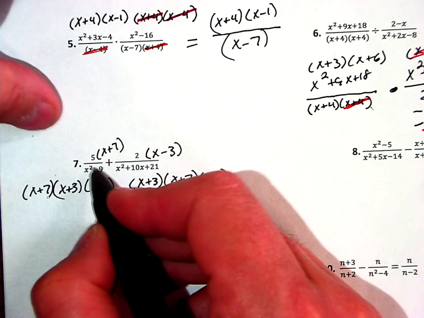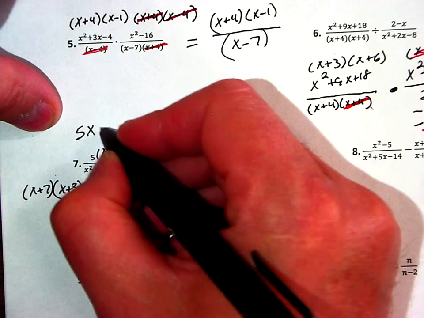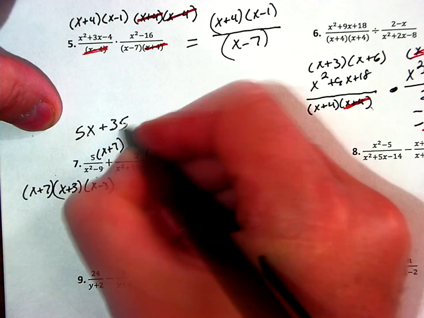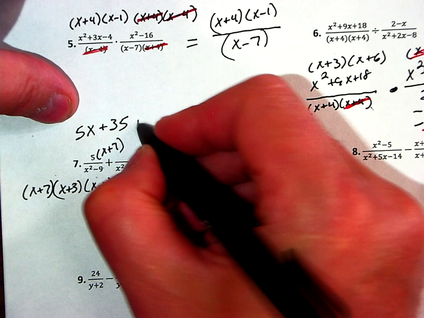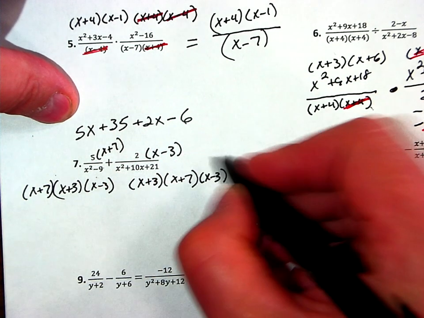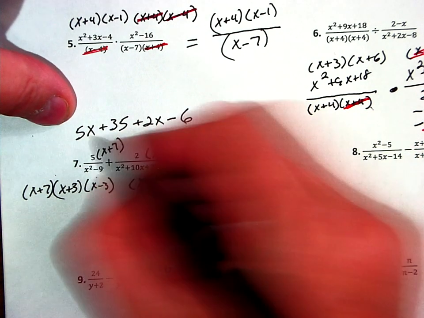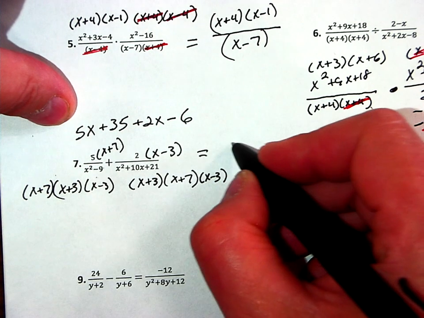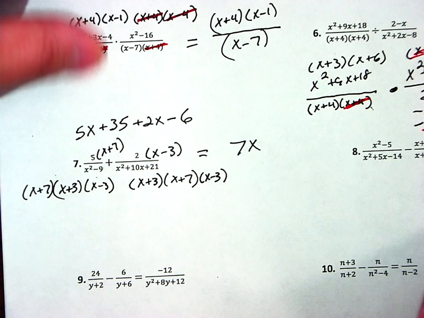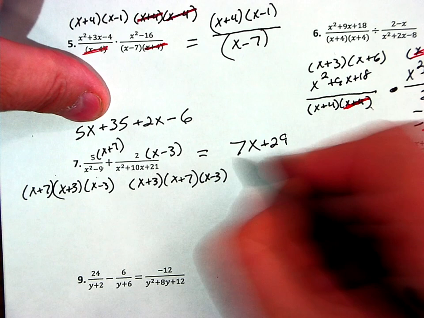So now, what is 5 times x? What's 5 times 7? What's 2 times x? 2 times negative 3? Okay, so let's combine those on top. 5x plus 2x is 7x, and 35 minus 6 is 29.